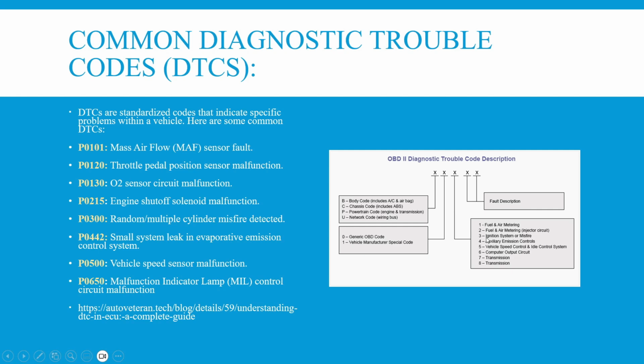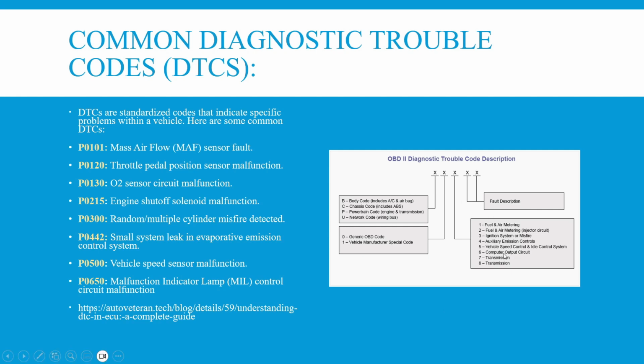The number 3 in the third digit indicates the fault detected is in the ignition system or a misfire error. The 4 in the third digit indicates auxiliary emission control system faults. The digit 5 indicates vehicle speed control and idle control system faults. And digit 6 indicates computer output circuit faults.